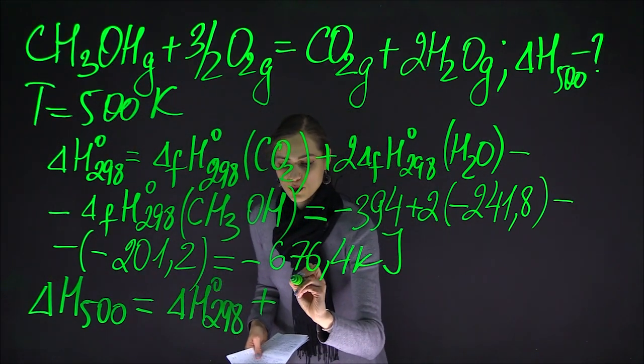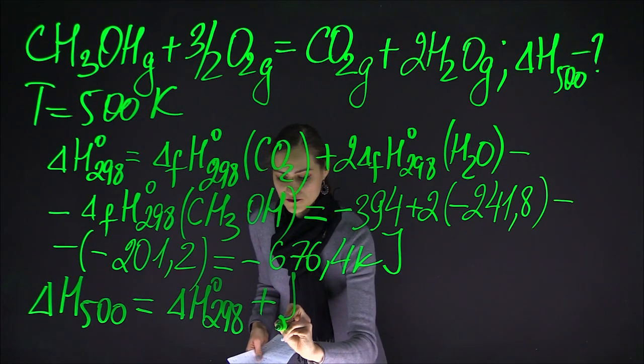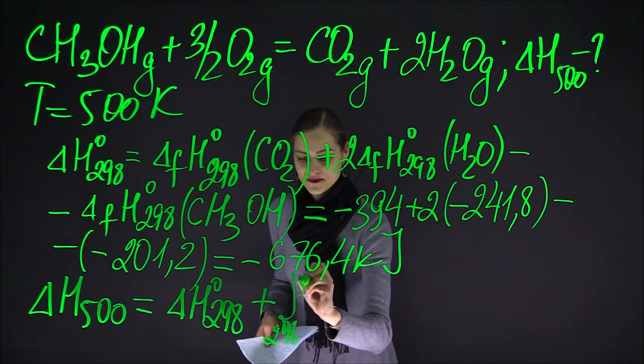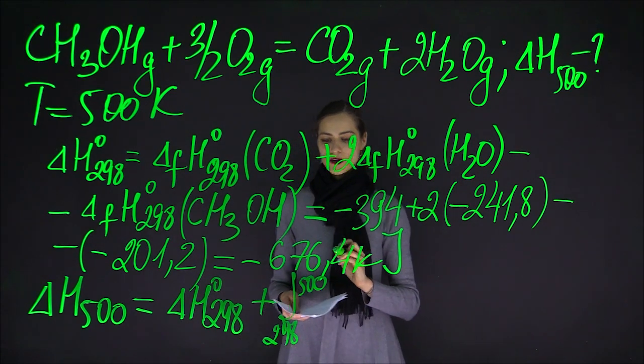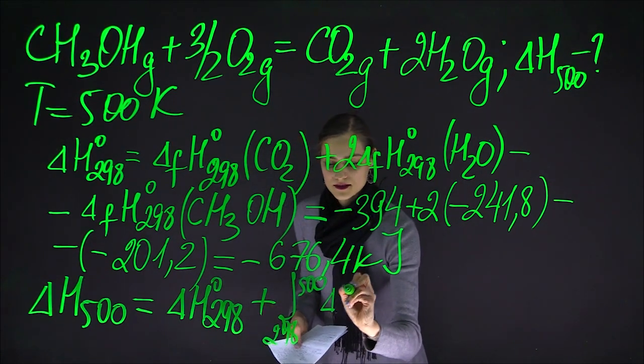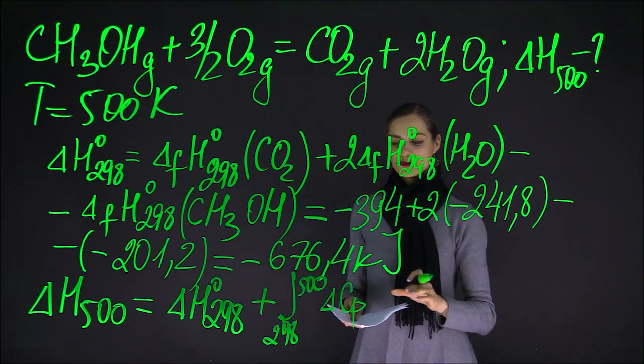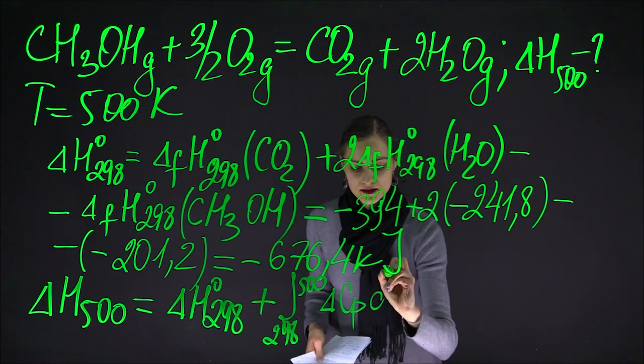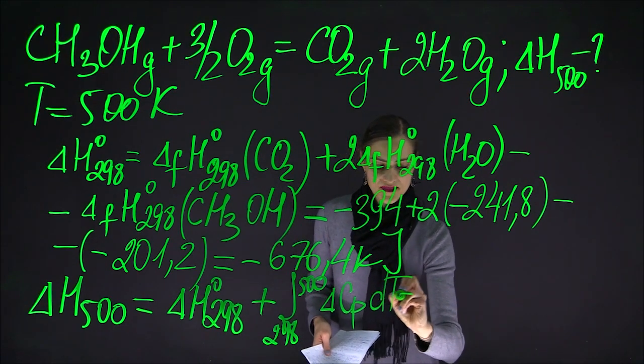So we need to put integral from 298 to 500 of delta Cp, where Cp is the molar isobaric heat capacity, over dT.